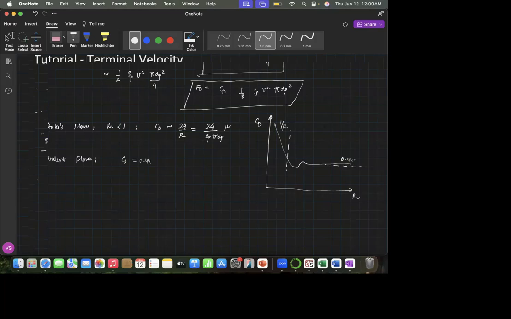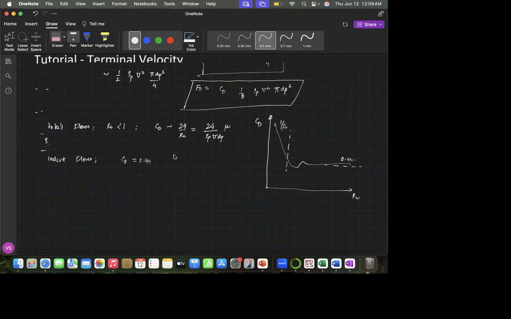This is a very well documented curve. You will see it almost everywhere, wherever you try to evaluate drag coefficient versus Reynolds number. This is the case for a spherical geometry, but it's also available for various other complex geometries. So let's consider the Stokes flow case and take the drag coefficient as this.